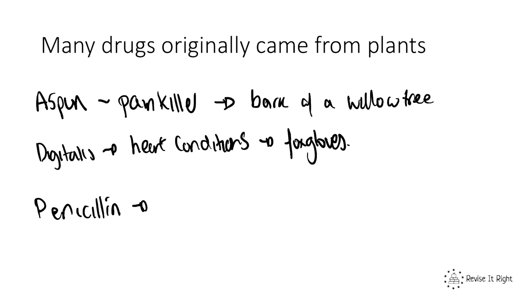Okay, now penicillin was discovered by a scientist with the name of Alexander Fleming. Now you may or may not remember the story around Alexander Fleming, but the story goes that he was growing bacteria in his labs, and then he went on holiday. And when he came back, he realised there was loads of mould on one of his Petri dishes.